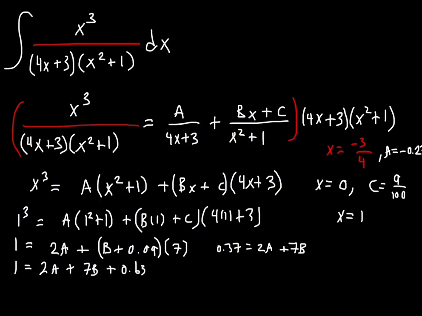So that means a is negative 0.27. So 0.37 equals 2 times A, which is negative 0.27 because I got it from here, plus 7B.